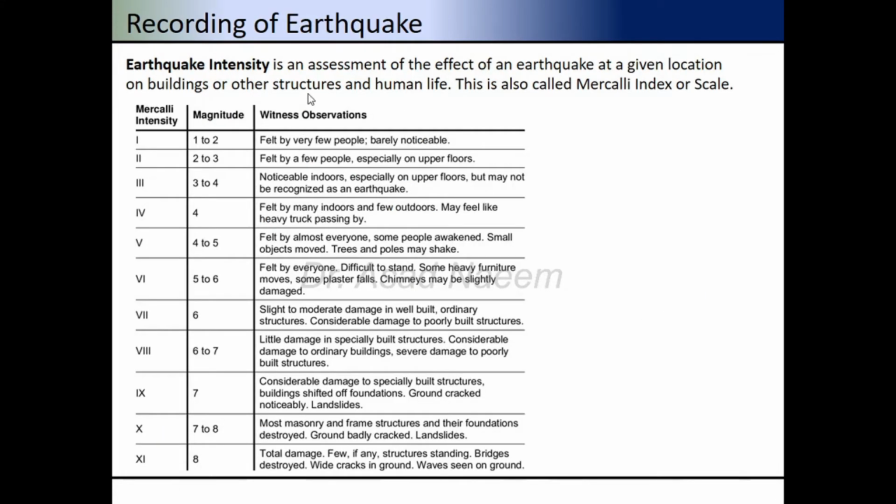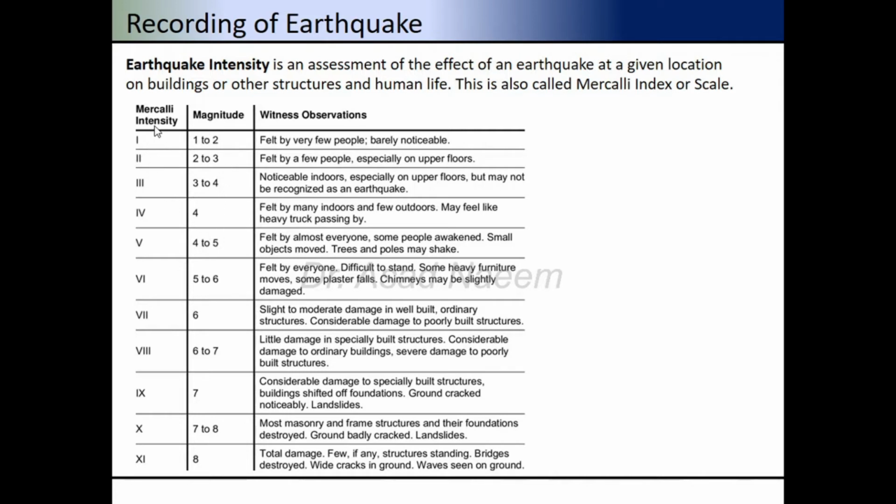Earthquake intensity is an assessment of the effect of an earthquake on a given location, on a building or other structures, and on human life. This is called the Mercalli scale or Mercalli index. It can be divided into 12 parts like 1, 2, 3, 4, 5, 6, 7, and we can also have some kind of correlation with the magnitude.